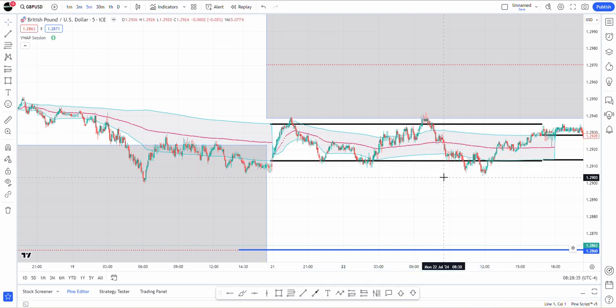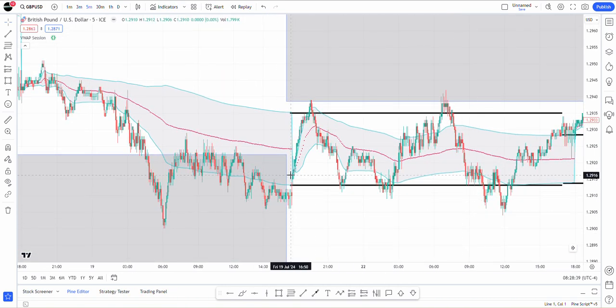Just in between the range. Open inside, get to the top, bounce at that level, stays inside, breaks out. Now we see this is getting closer.